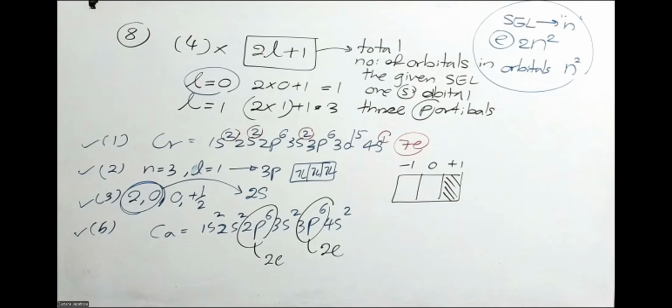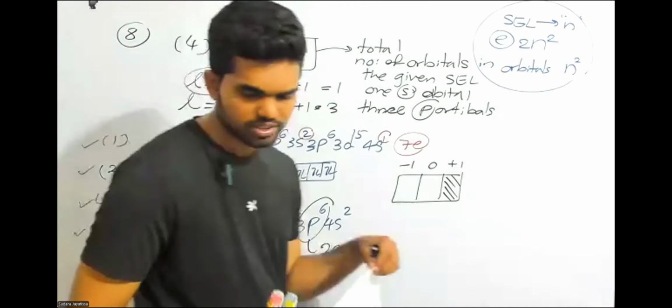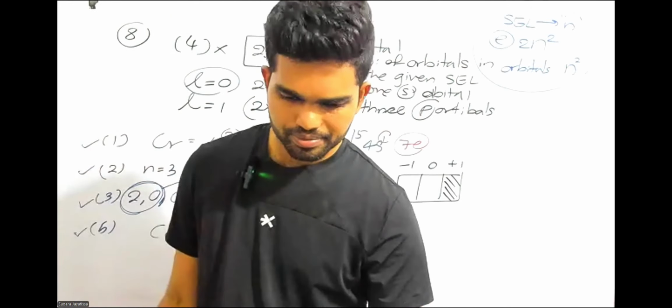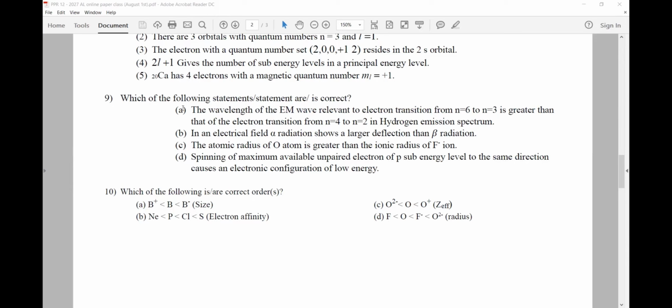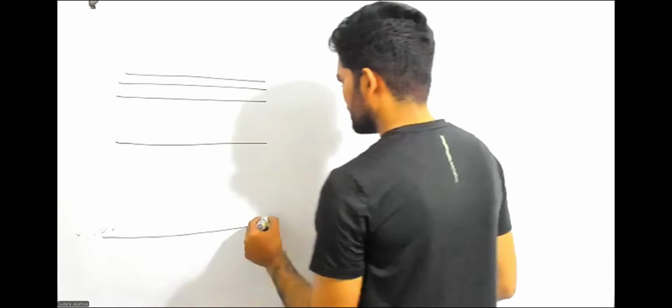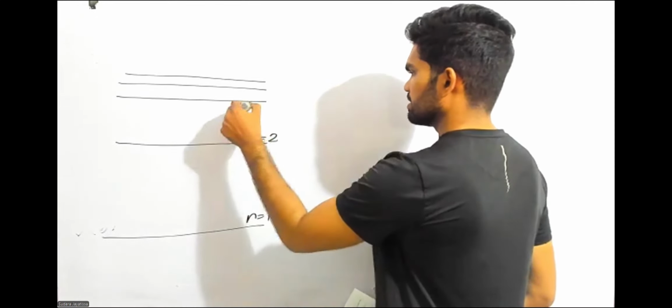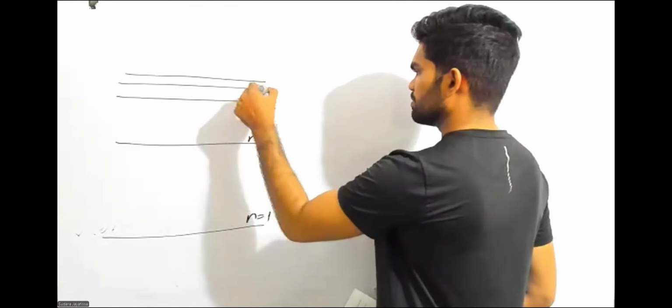And tell me the answer for question number 9. What is the answer you got? Look at the statement. The wavelength of electromagnetic wave relevant to the electron transition from 6 to 3 is greater than the transition from 4 to 2 in the H emission spectrum. n equal 1, 2, 3, 4, and 5.